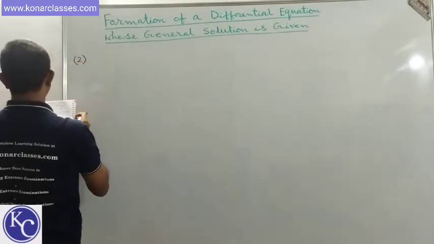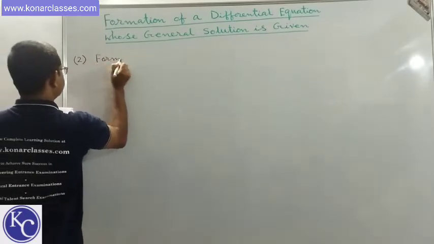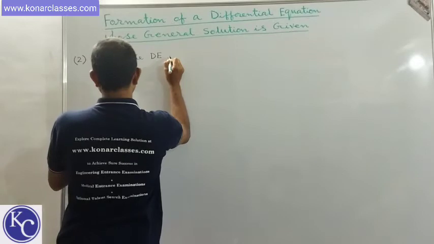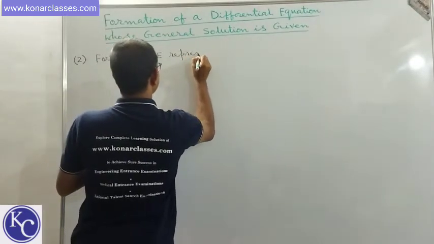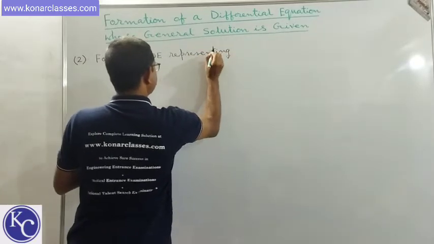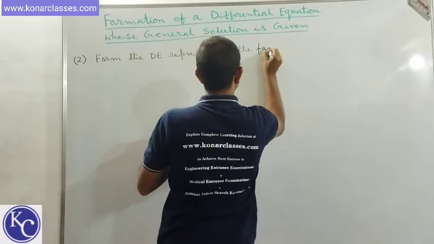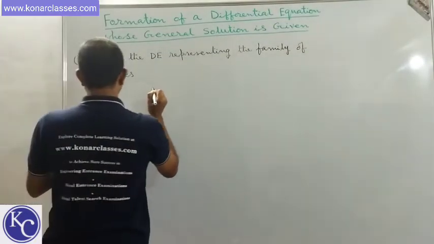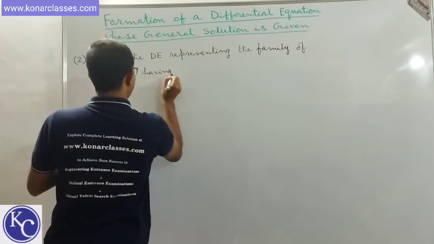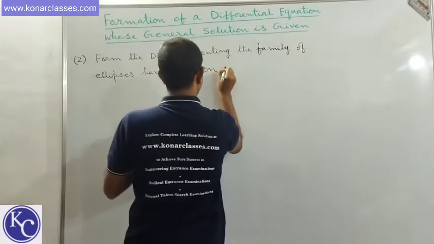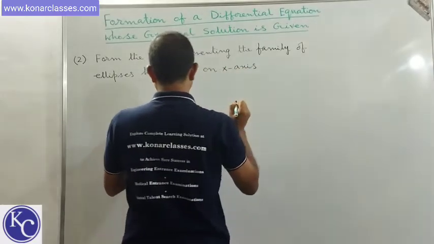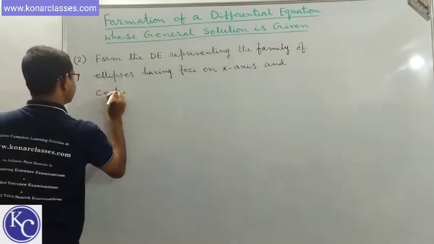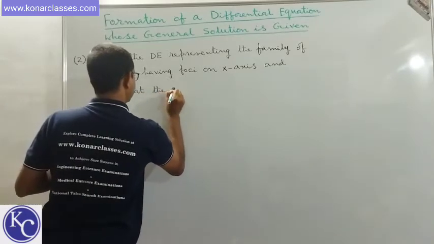The question is: form the differential equation, DE, representing the family of ellipses having foci on the x-axis and center at the origin.